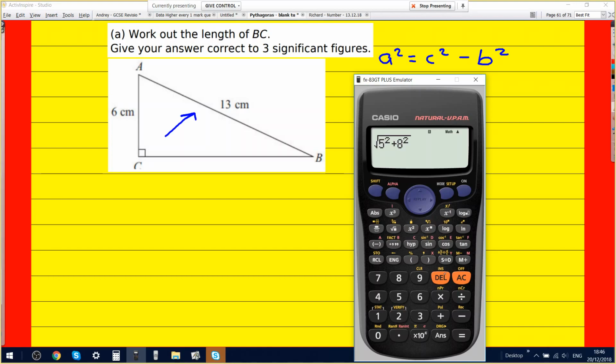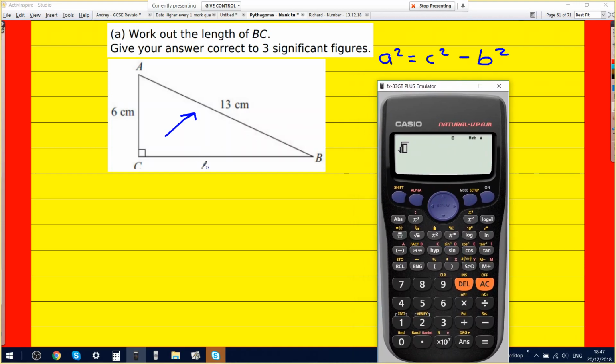Would it be 6 squared plus 13 squared? For this one, because we have to find the length of the missing side, we're given the hypotenuse and we have to work in reverse. That's why we're subtracting. We have to subtract instead of add this time.